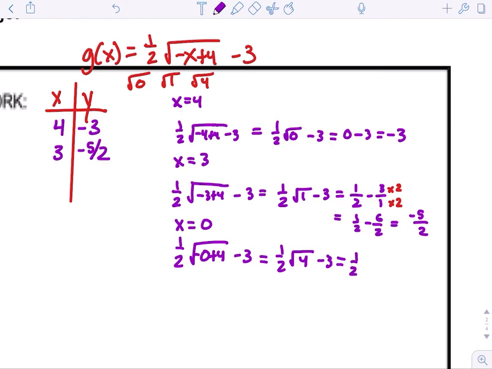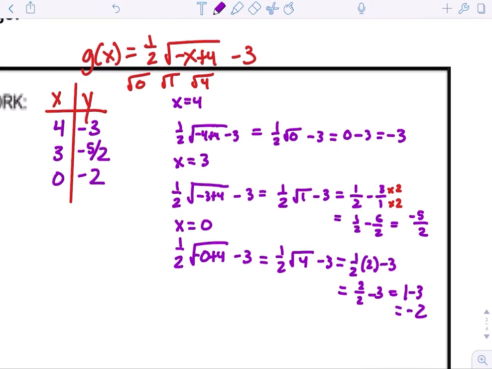The square root of 4 is 2, minus 3. 1/2 times 2 is just 1. Remember, when you multiply a whole number by a fraction, you just multiply the whole number by the numerator. So 2 times 1 is 2. So it's going to be 2 over 2 minus 3, which is simply 1 minus 3, which is negative 2. So (0, negative 2).